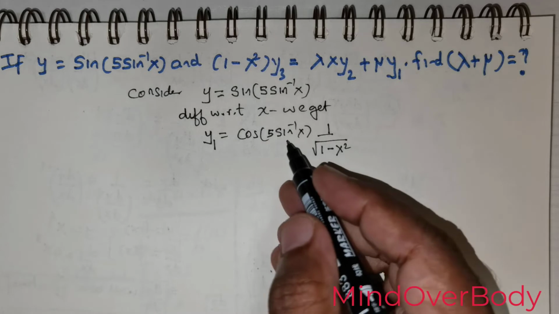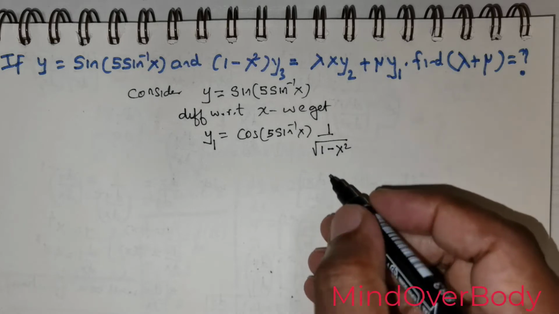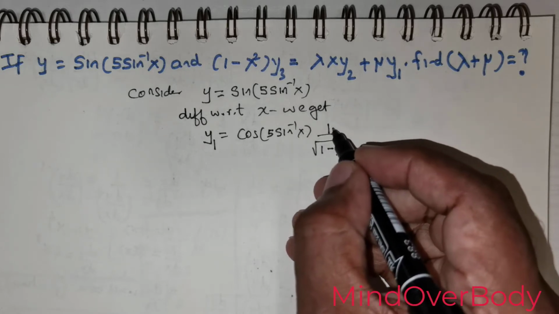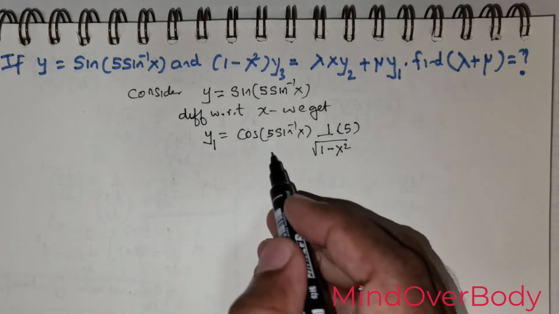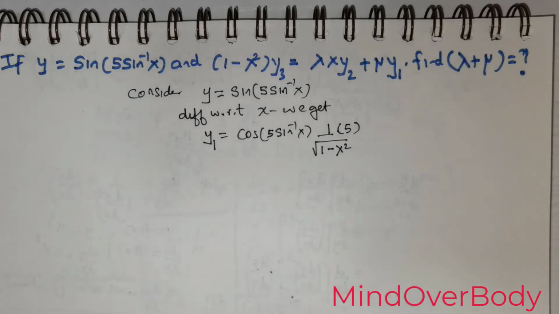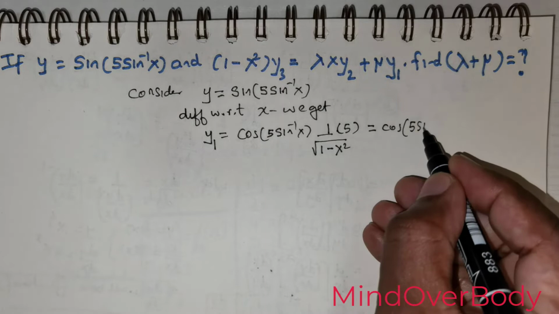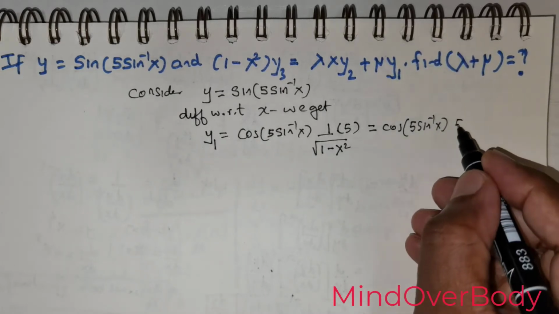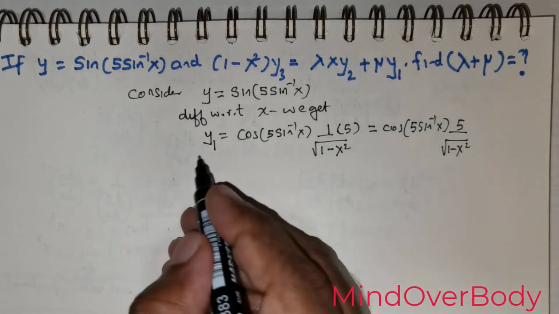Now with our quantity sin⁻¹x, we also have a constant 5, so we will have to place that constant 5, because we are differentiating the entire quantity 5 sin⁻¹x. Though we might be tempted to negate the constant or take the constant out, it is not advisable to do that. So what we have got here is cos of 5 sin⁻¹x times 5 over the square root of 1 − x², and that is equal to y₁.